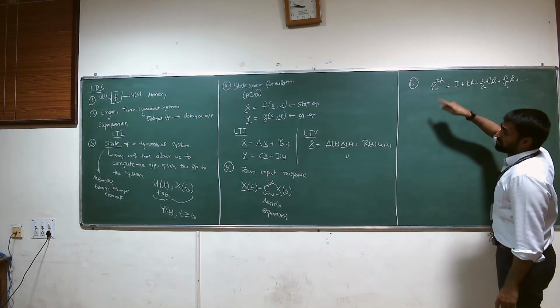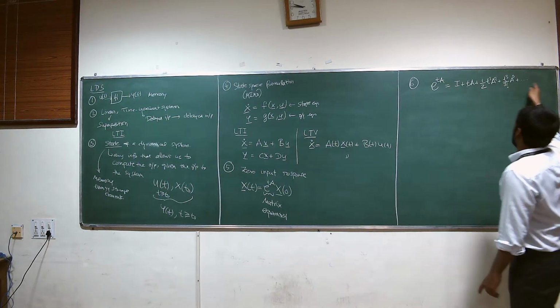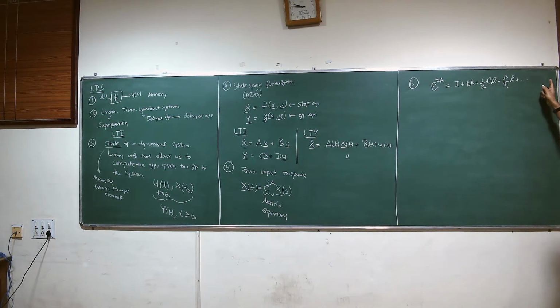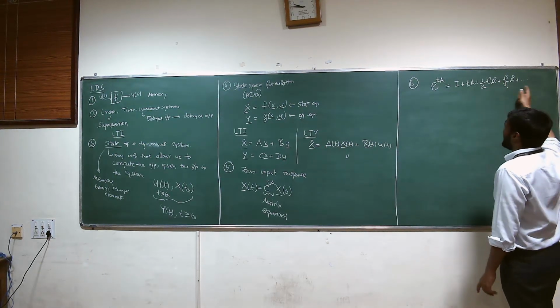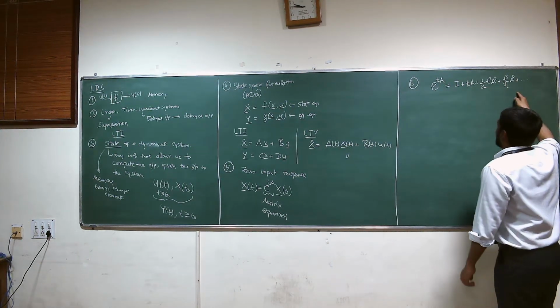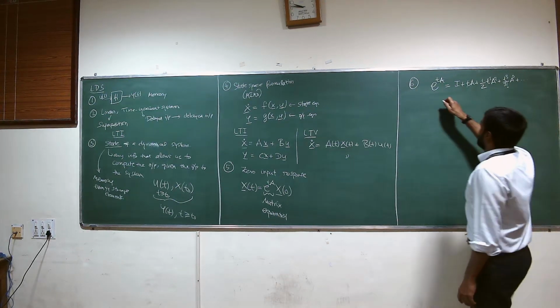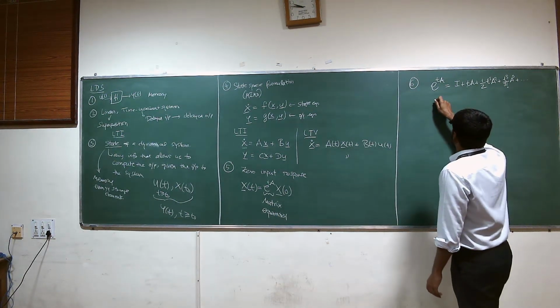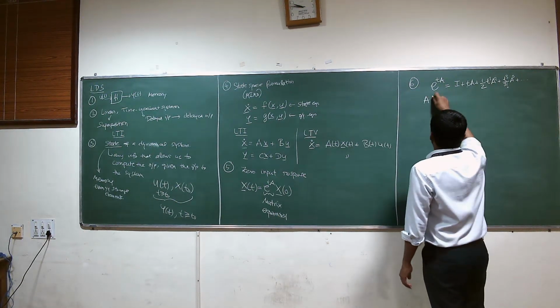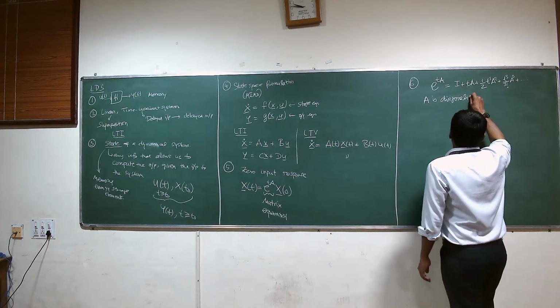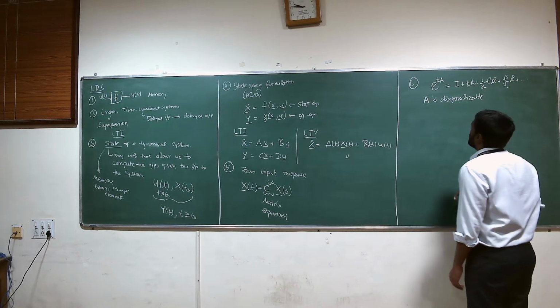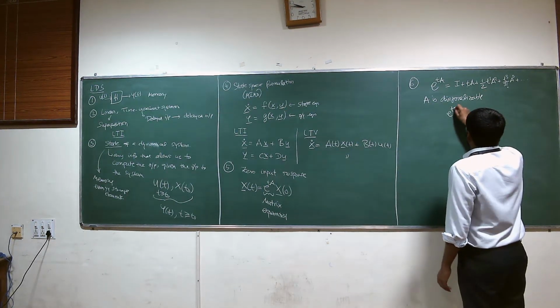And because of the Cayley-Hamilton theorem, you actually don't have to compute all the infinite terms in this series. You only need up to A to the power n minus 1. Okay. And then we also said, if A is invertible, then what is e power At?